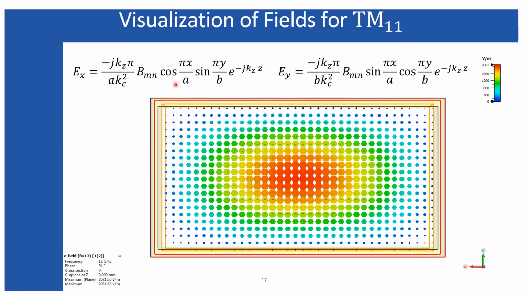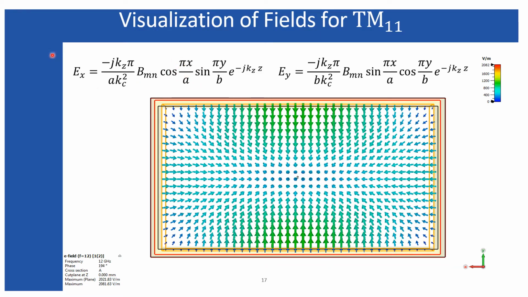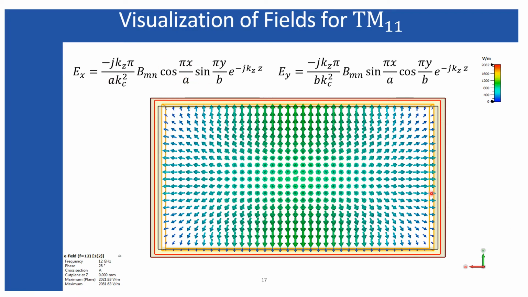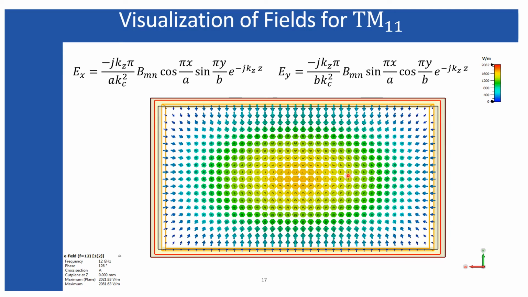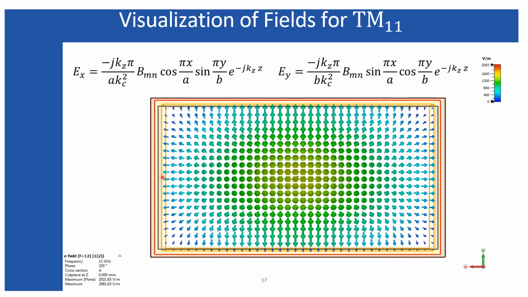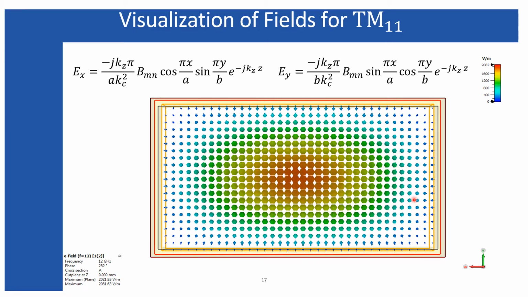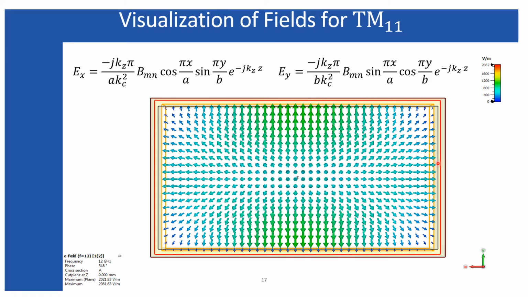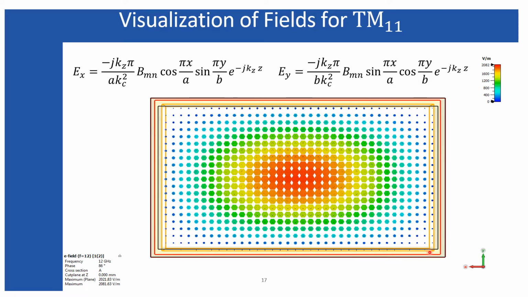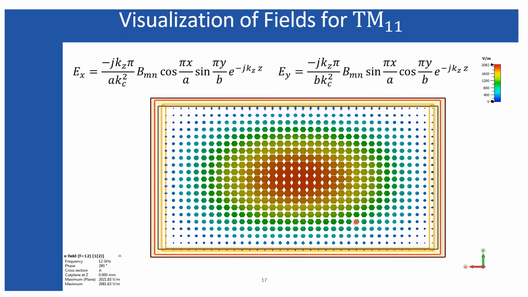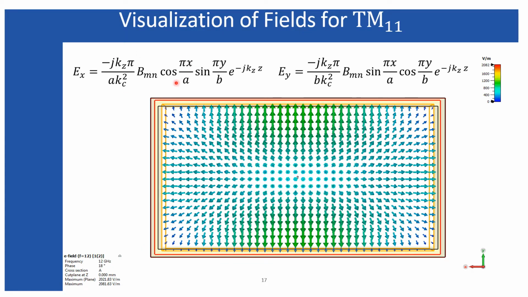When you are at x equals 0, from this ex component you can see that due to this factor cos pi x, the direction of the wave is along the right side, while when you reach x equals a, the direction of the wave is on the left side. This direction alters due to the propagation of the electromagnetic field, but the directions of the arrows at x equals 0 and x equals a are always opposite to each other, and that is due to this cos factor.